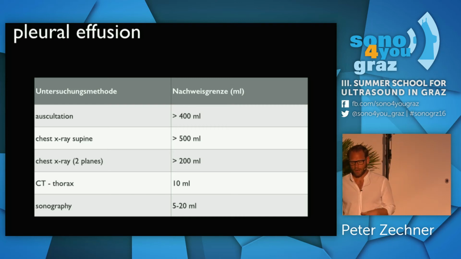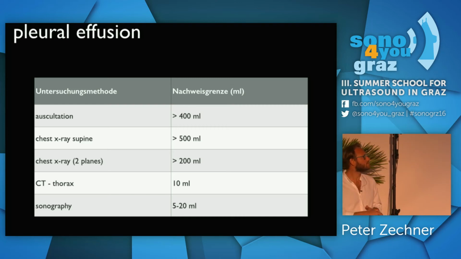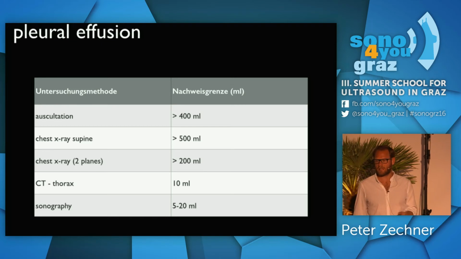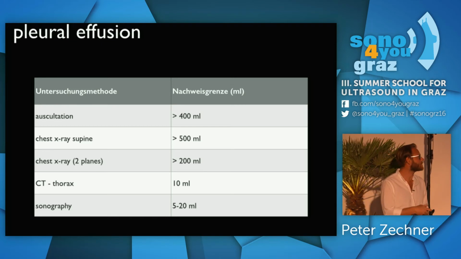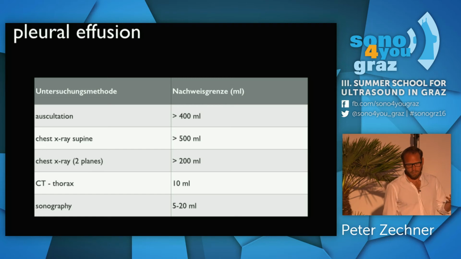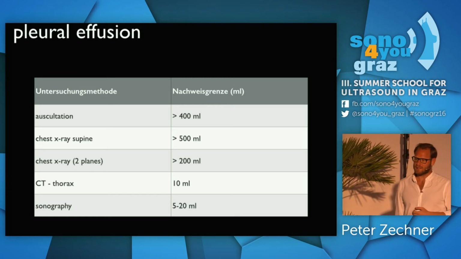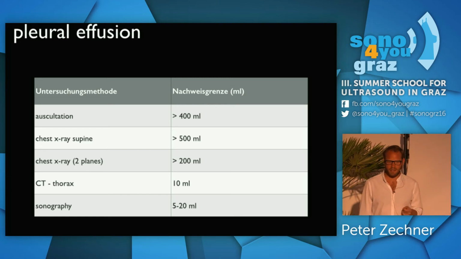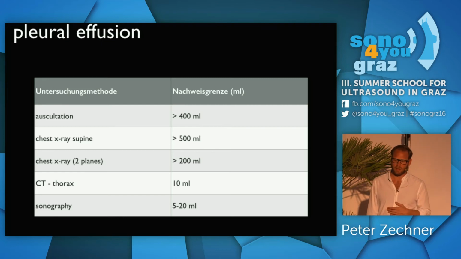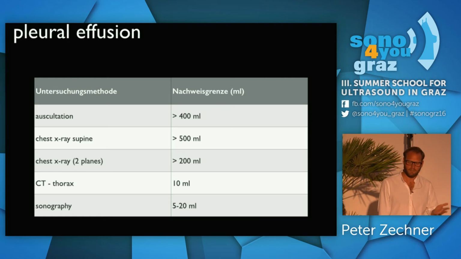CT scan of the thoracic region is very, very sensitive, 10 milliliters, but ultrasound is probably the same as a CT scan. We can diagnose pleural effusions if they are very, very small. So probably ultrasound is the gold standard for the detection of pleural effusion, I would say. But maybe also CT scan of the thorax, but not chest X-ray.